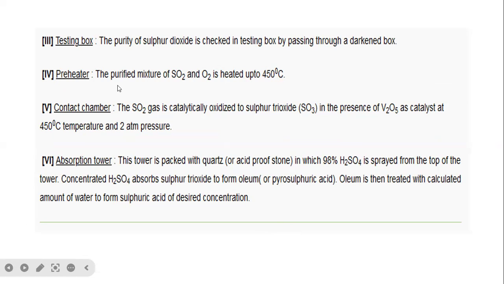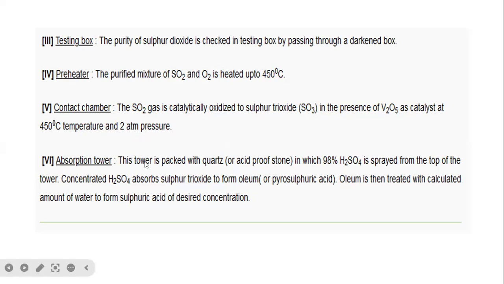Preheater, where the purified mixture of sulfur dioxide and oxygen is heated to 50 degrees Celsius. Contact chamber, where sulfur dioxide gas is catalytically oxidized to sulfur trioxide in the presence of vanadium pentoxide, heated to 450 degrees Celsius at 2 atm pressure.